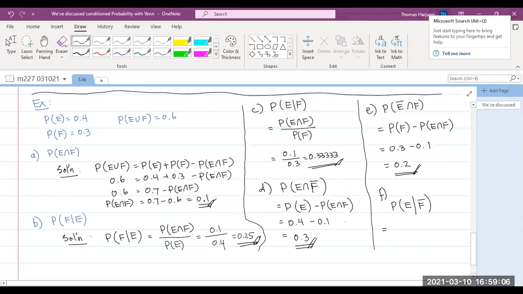Now then, probability of E given not F. On the denominator, that will be probability of not F. On the numerator, that's probability of E and not F. Probability of E and not F, we already counted earlier, that's 0.3.